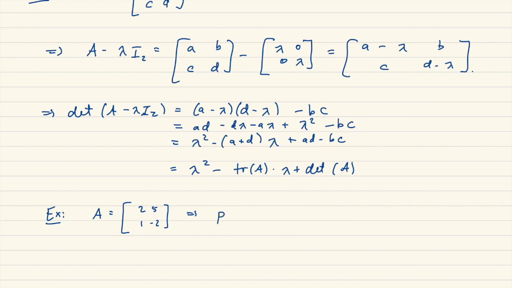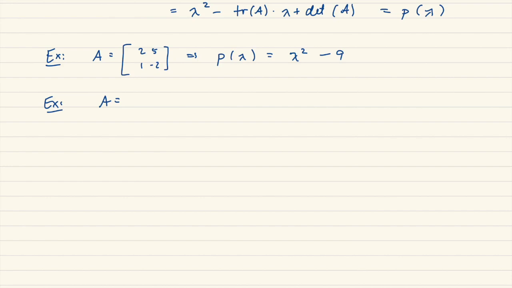So that means that our characteristic polynomial, which we call P of lambda, remember, was lambda squared plus 0 lambda minus 9. And if we were to have A being the 2 by 2 matrix 3, negative 2, 5, negative 3, this would lead us to a characteristic polynomial of lambda squared plus 1.